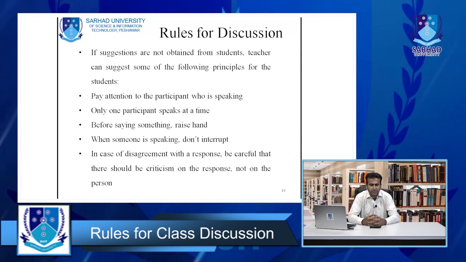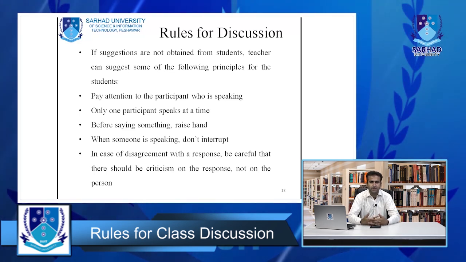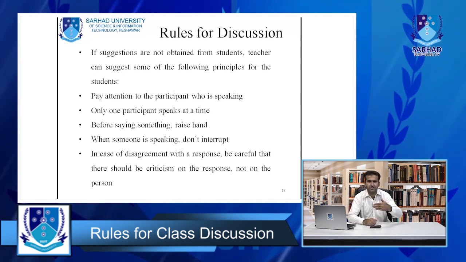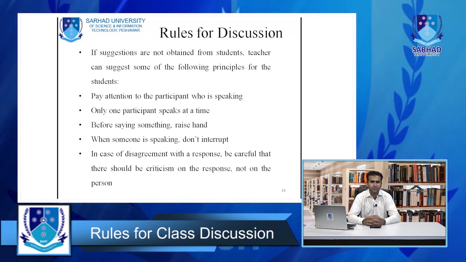Let that particular participant complete his ideas, complete his turn, then the next individual may criticize positively, or he may go for certain addition or subtraction in the topic, or whatever knowledge member A, let's suppose, provided. So we need to pay full attention.